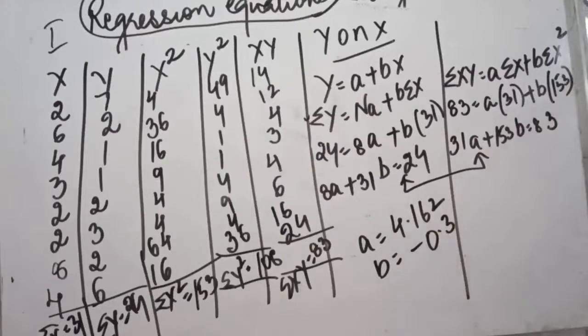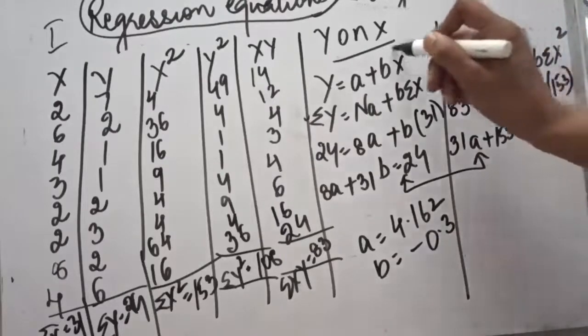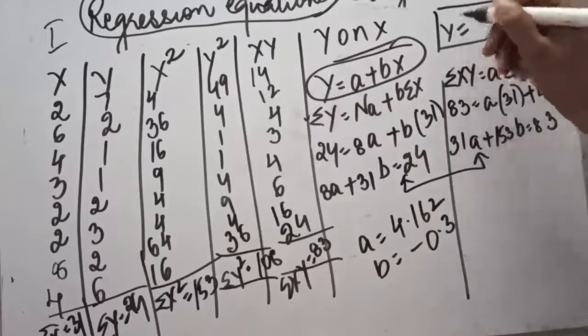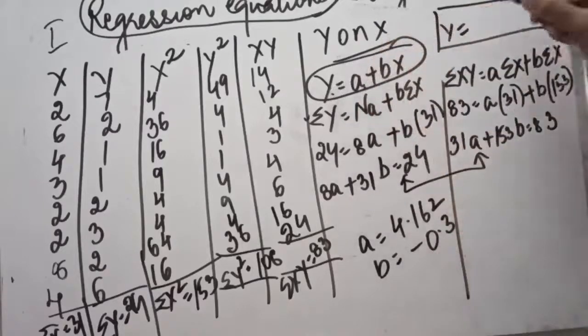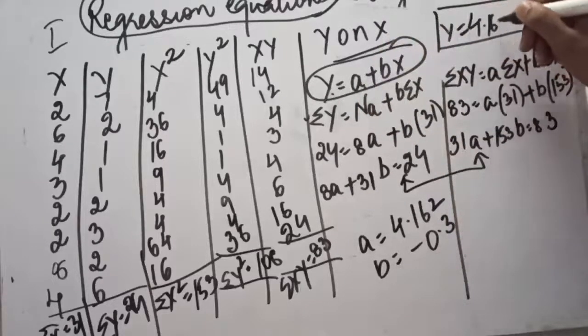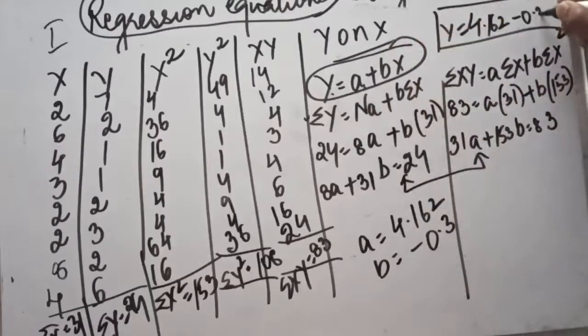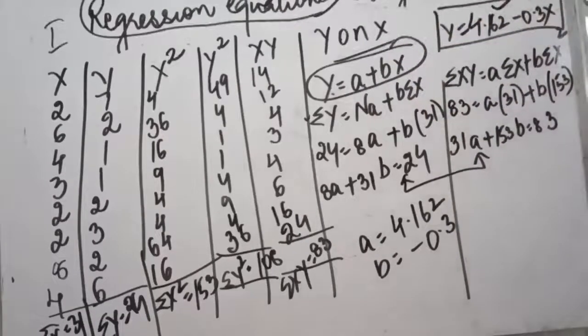Once you have got the values of A and B, we will create our equation. This is our second equation. So our second answer will be y is equal to 4.162 plus minus 0.3x. So this is our second answer.